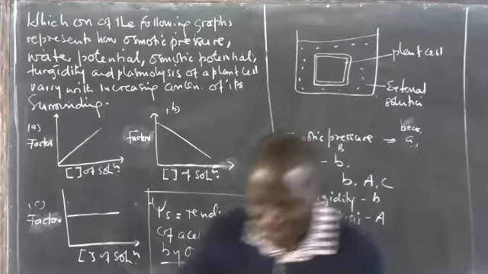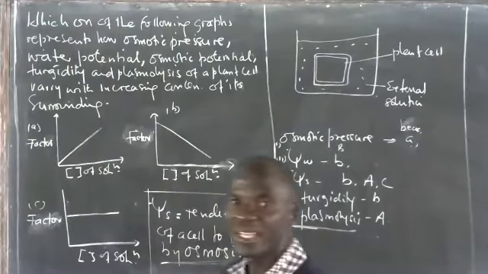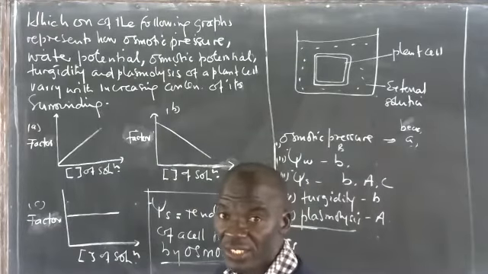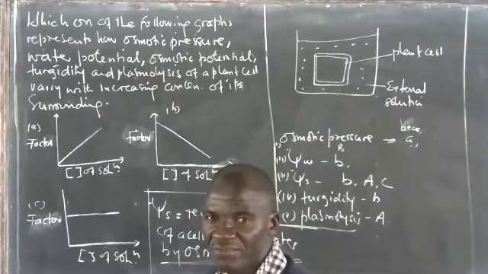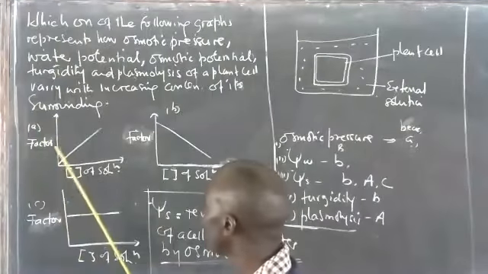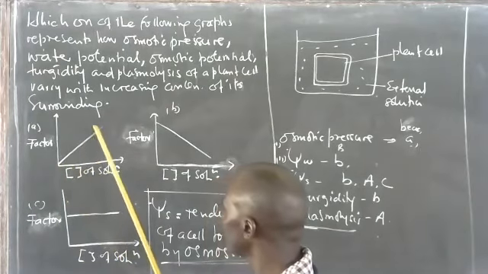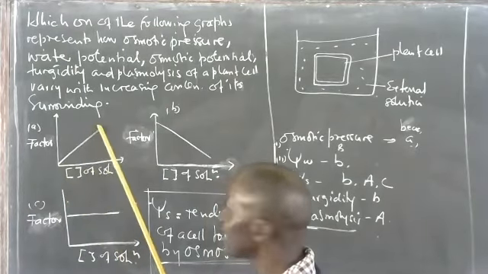So stop confusing osmotic potential with osmotic pressure. Osmotic pressure will always increase, as we said, as you increase the concentration, because as the cell loses water, its concentration will be increasing.